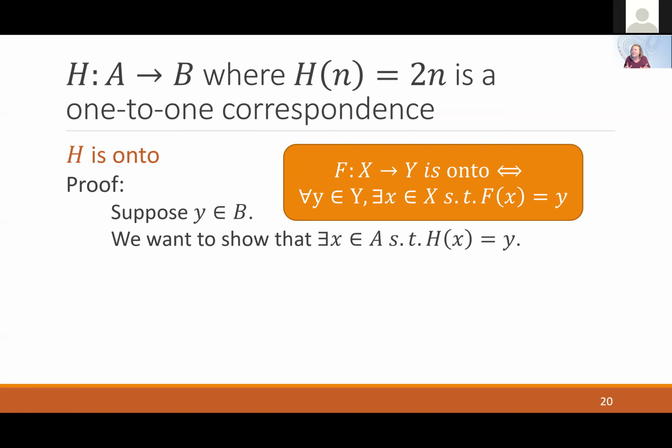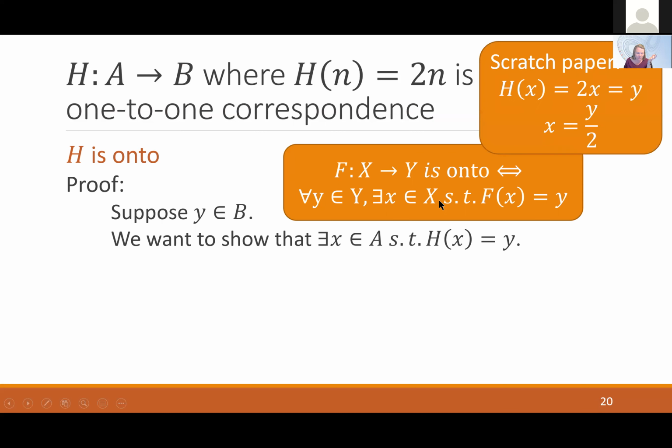Now, this is where you saw us using a little bit of scratch paper to help us accomplish that. The easy way to do that is to start with h of x and what it looks like. In this case, h of x equals 2x, and that's our y value, that's our y in our codomain. And what we want to know is, what is the x that's going to get me that y value?